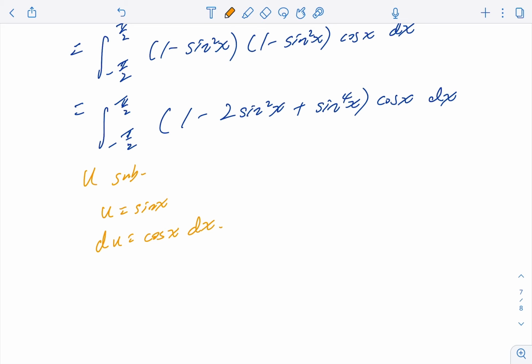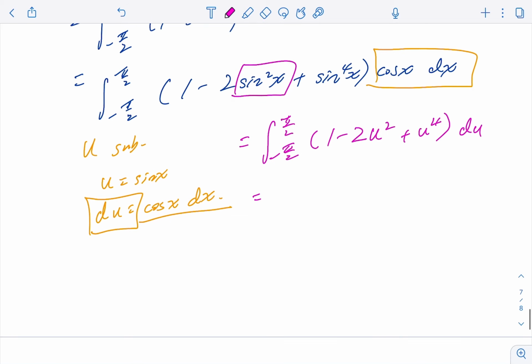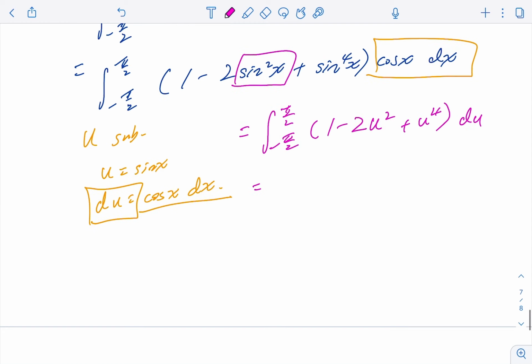So this thing is going to equal the integral of 1 minus u squared, all squared, du. Remember, I substitute sine x by u, so this will be 1 minus 2u squared plus u to the fourth du.